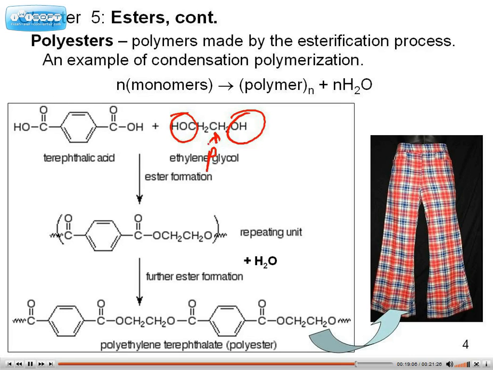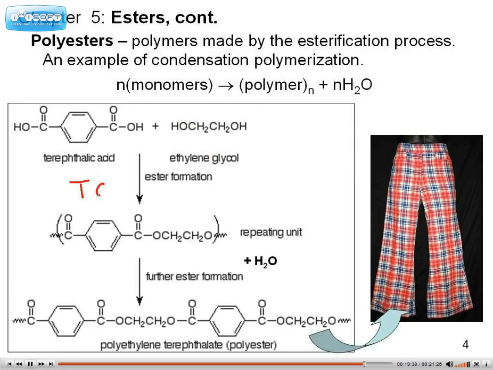So what happens is when you have a whole bunch of these acids and glycols inside a solution, basically, and I'm going to summarize it like this, where I have the acids. I'm going to go ahead and show a terephthalic acid.